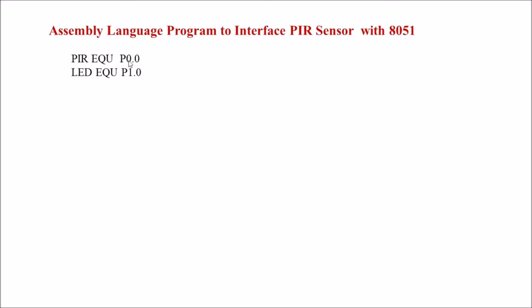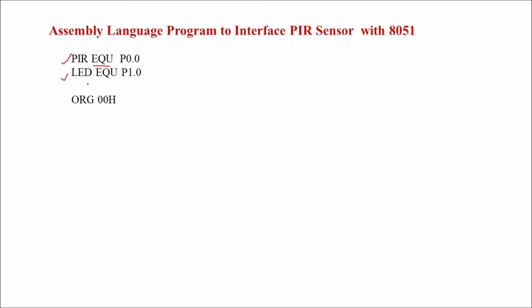Here the assembler directive EQU, equivalent, is used. We'll use the name PIR for port terminal P0.0 and the name LED for port terminal P1.0. So whenever we want to write P0.0 in the program, we'll use PIR, and for P1.0 we'll use LED.